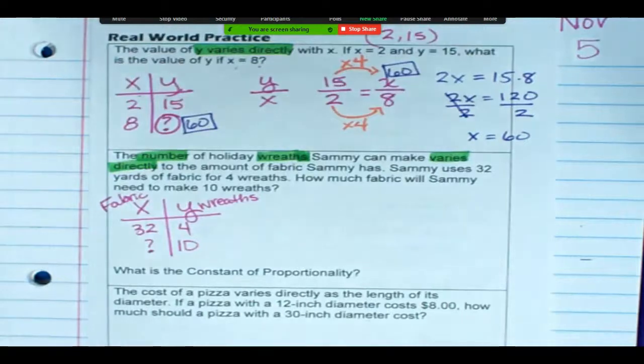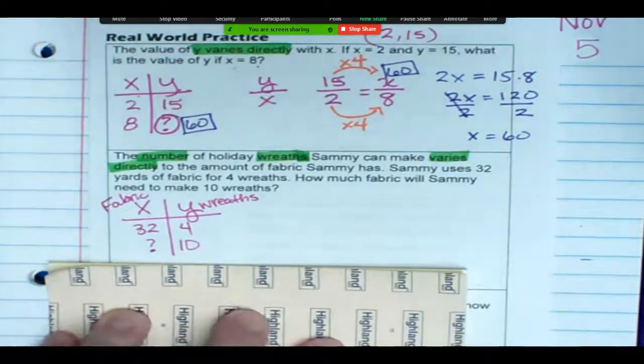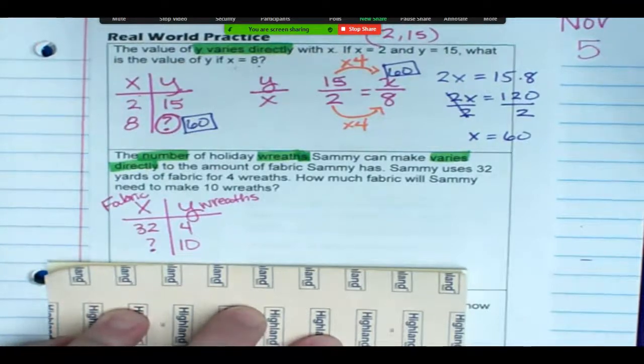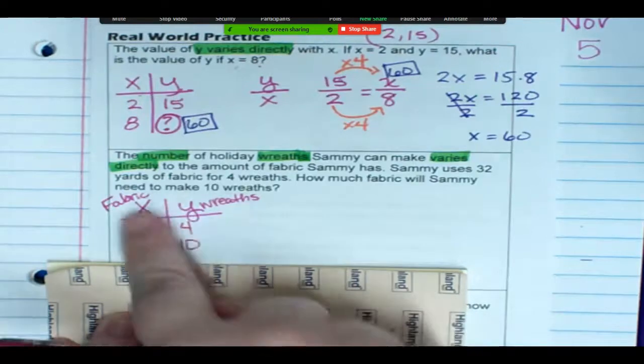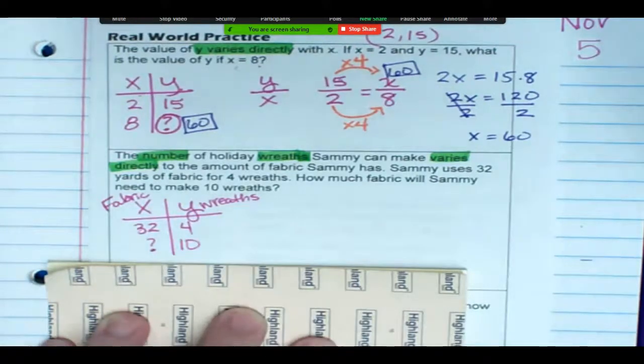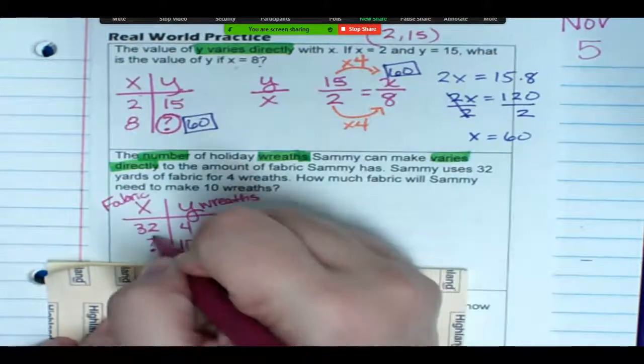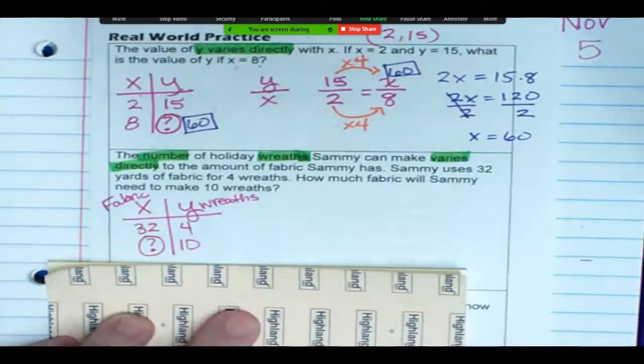Is this question asking for constant of proportionality or a final answer? How much fabric will Sammy need to make 10 wreaths? Right now, I'm only looking for the final answer. So that's just a proportion.